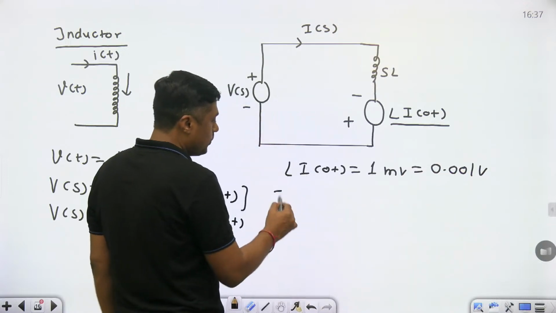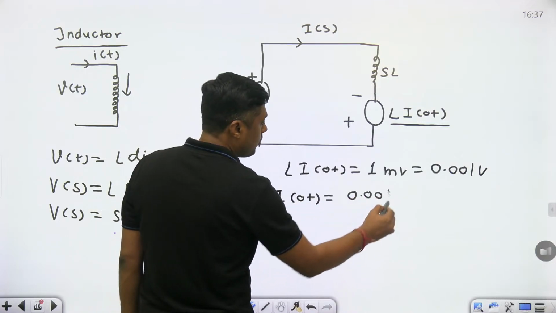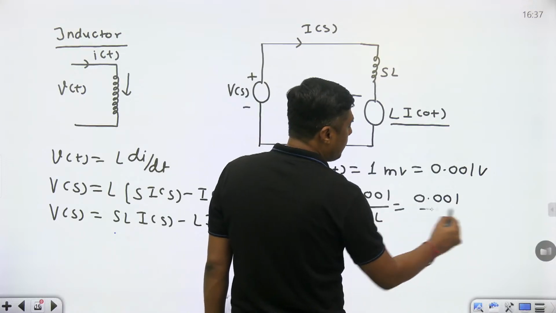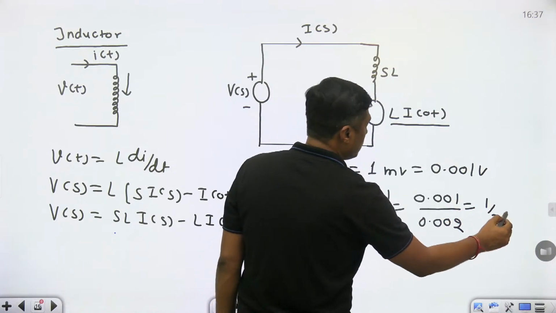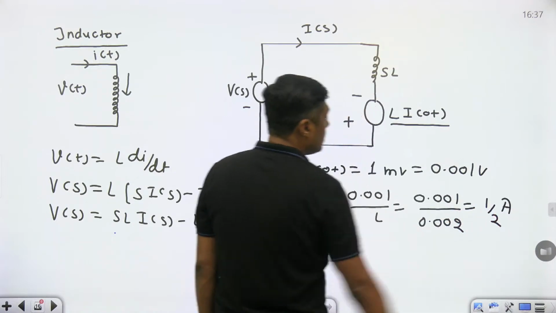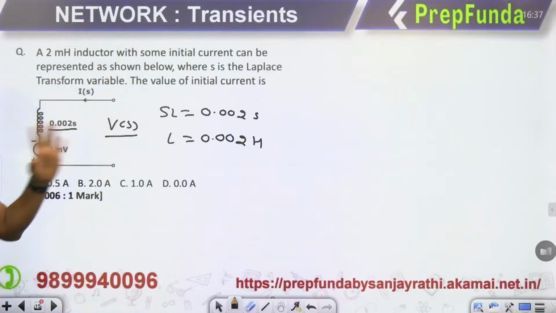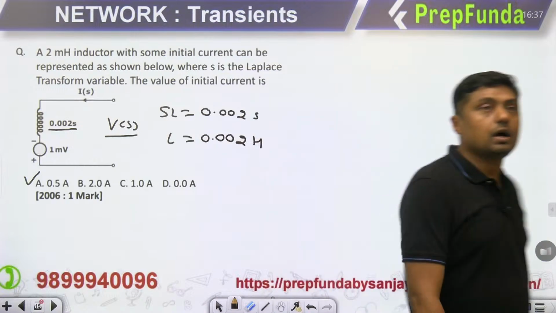What is I0 plus? I0 plus will become 0.001 upon L, 0.001 upon 0.002, which is nothing but 1 by 2 ampere, because the value of the inductance is 0.002. So the answer is 0.5 A, that is option A.